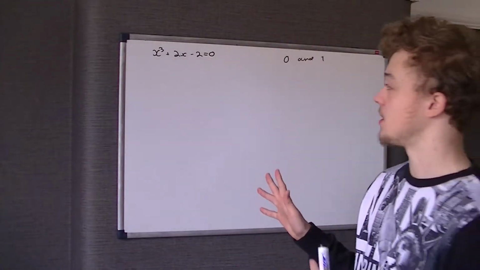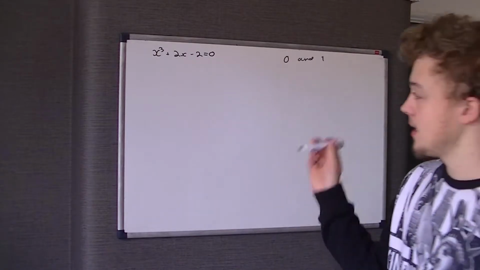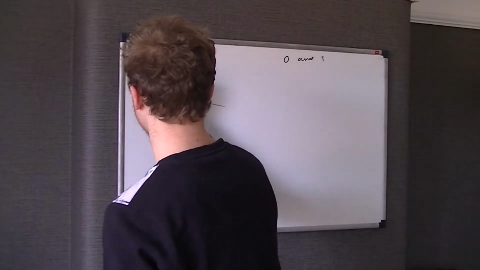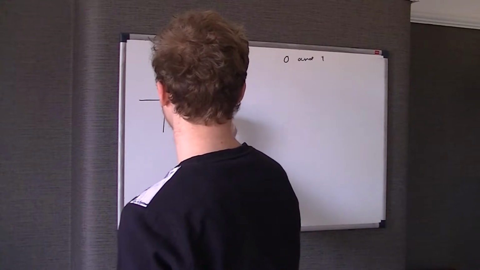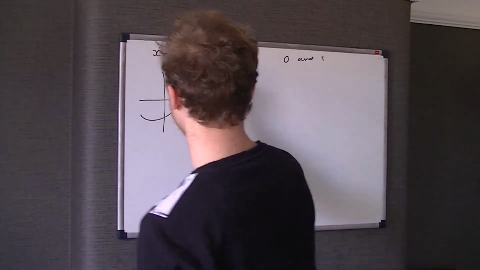It's kind of the same thing as this, where you put an x value in. I don't know what the curve looks like, but we know it goes through 0 and 1, so I'm going to write 1 on there, and it'll do something like that.